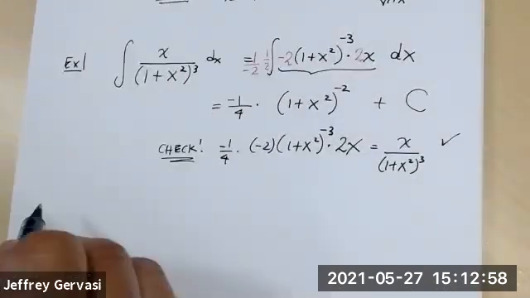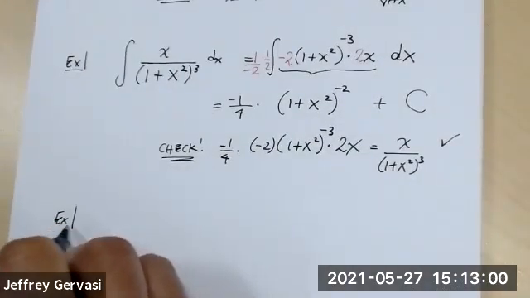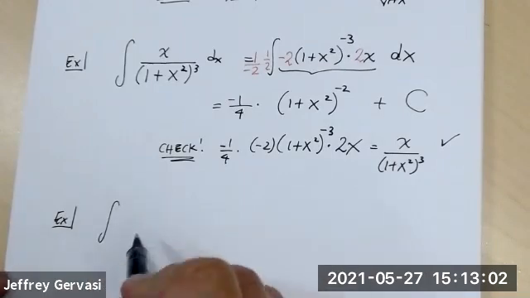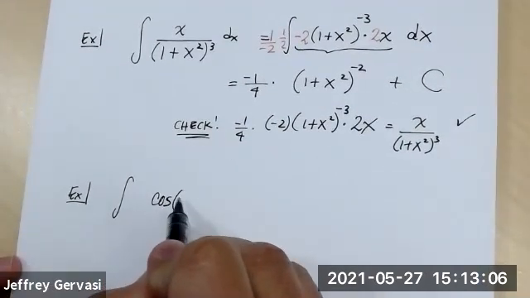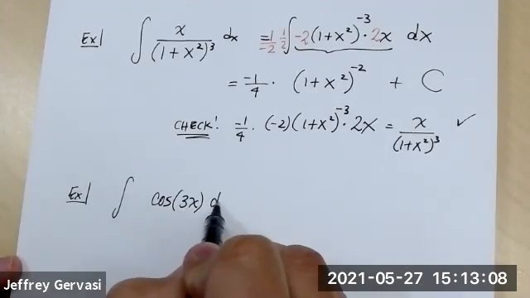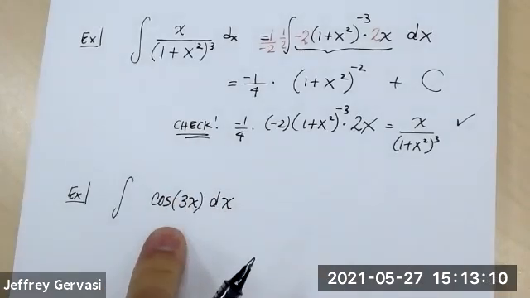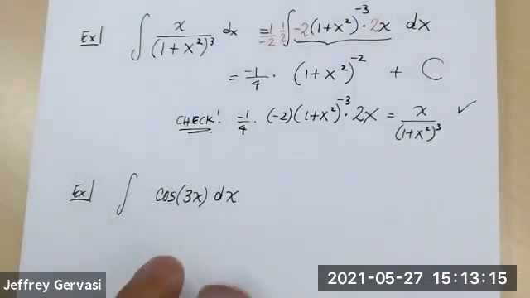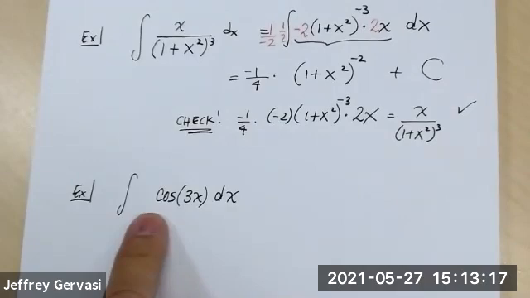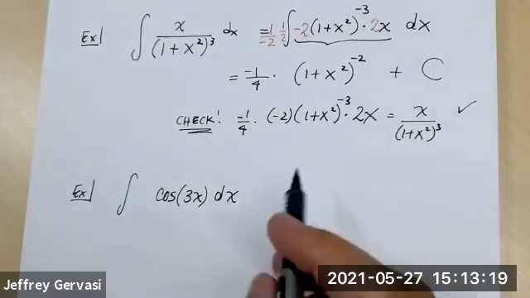Maybe we'll do one more example. Let's do, I suppose we have the cosine of 3x, okay? Now, gang, if this was going to be a chain rule, it would be missing something, okay?